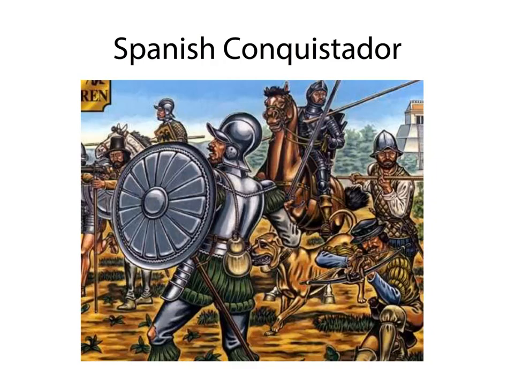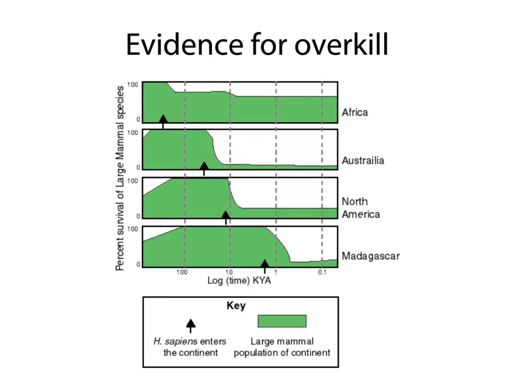Pretty cool, isn't it? Now, most of the continents in the world do not have large megafauna anymore, okay? One hypothesis that has been suggested to explain this is called the overkill hypothesis. If you look at this graph, the first thing we do is take a deep breath and not panic. Second thing we do is, once again, look at the axes.